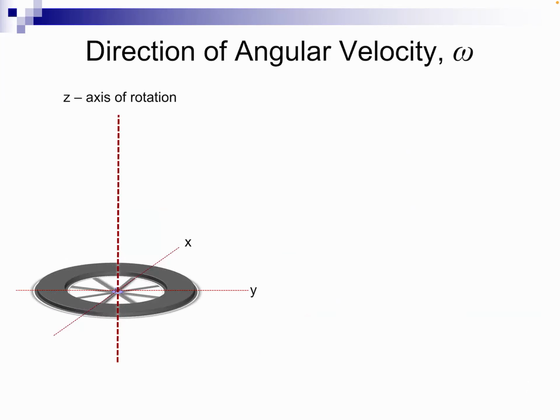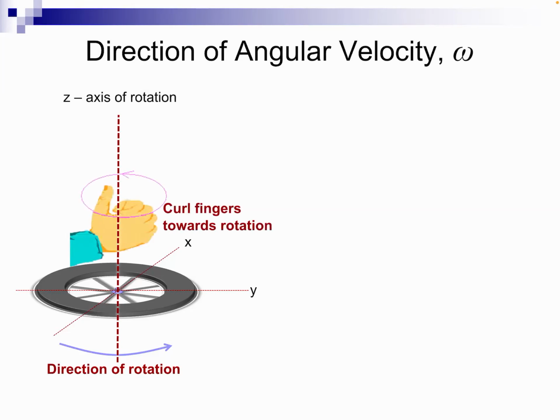To see why, say you have this object here rotating in the anti-clockwise direction. To find the direction of the angular velocity, you take your fingers and curl them in the direction of rotation.